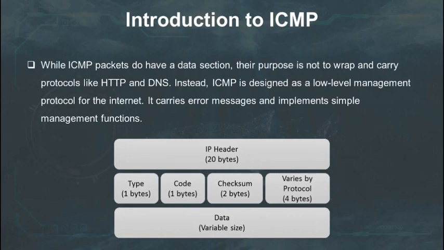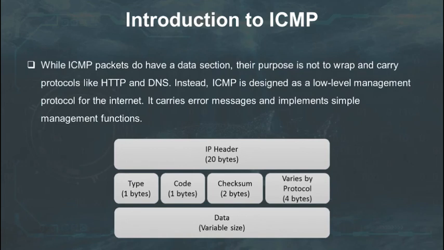Although ICMP packets have a data section, their purpose is not to wrap and carry protocols like HTTP and DNS. Instead, it is designed as a low-level management protocol for the internet. So the ICMP packet size at the network layer consists of the first IP header, which occupies 20 bytes.